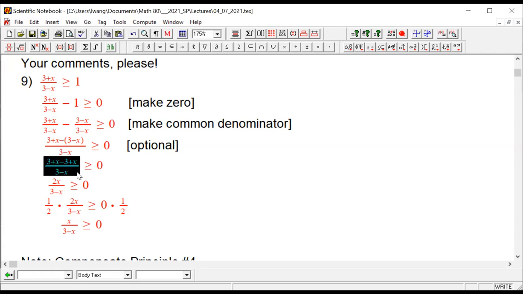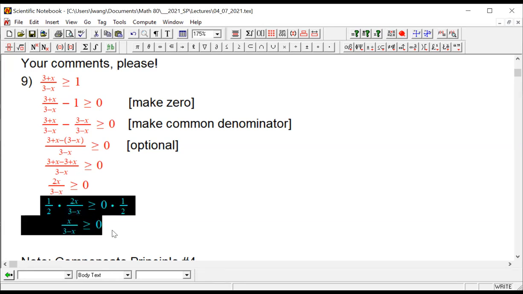If I were you, I would do everything in detail, so when I go back to check, I can find out what I have done wrong or what I have done right. Got it? Now we have 2x here, and we want to simplify this more.